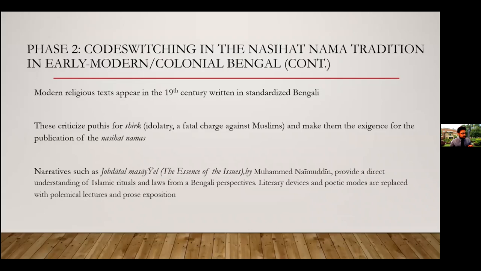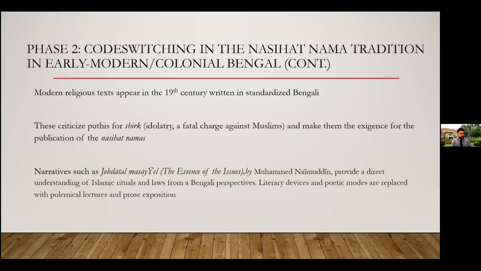So another very prominent example of this, which I'm not going to show here, is the publication of a very important Nasihatnama, Jyotidal Masayal, by Muhammad Naimuddin, who was a very prominent religious leader of the early 19th century, who provides a direct understanding of Islamic rituals and laws from a Bengali perspective.